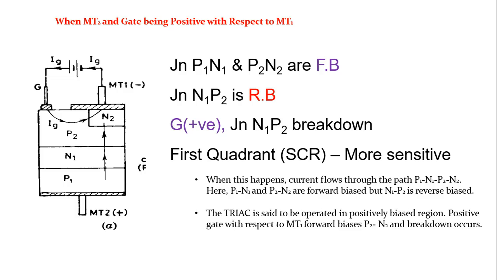If gate is applied, the gate current will flow from the P2 layer to the N2 layer, so that it will inject positive charges towards the P2 layer, which will break down the P2 N1 junction. After that it will conduct as an SCR, and it is conducting in the first quadrant, and it is more sensitive in this quadrant.